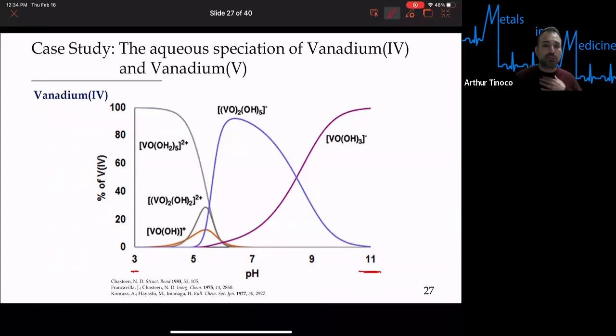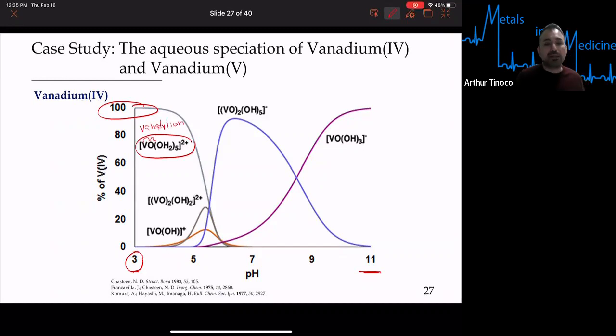So look at some of the features that we observe here. At the low pH range, the pH of 3, we have one species labeled as 100% vanadium 4. That means you have 100% of that species existing in solution at a pH of 3. And what is that species? It's this one right here, where you have the vanadium with an oxide, what is called a vanadyl ion.